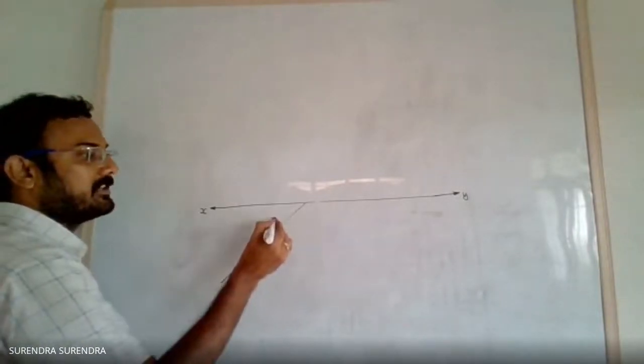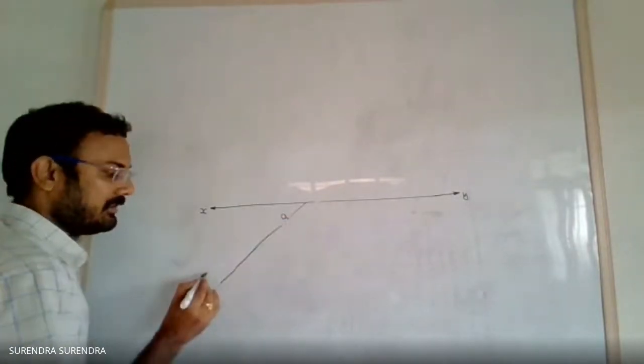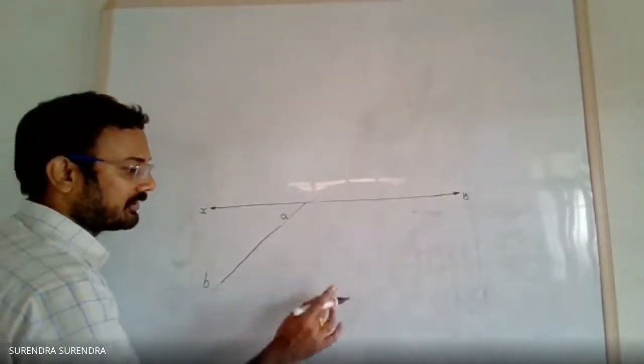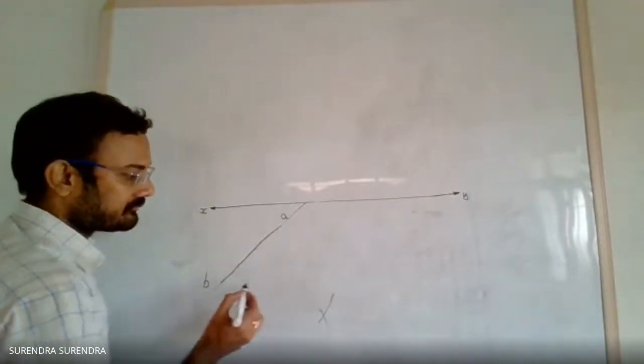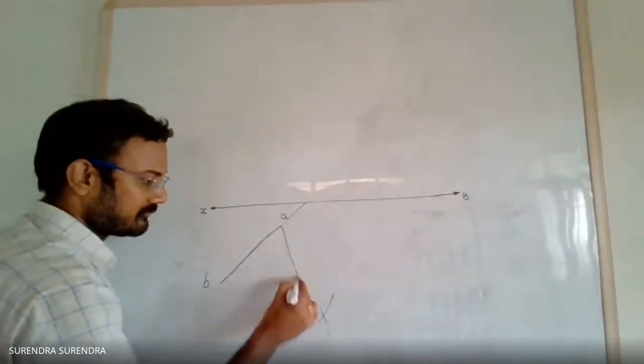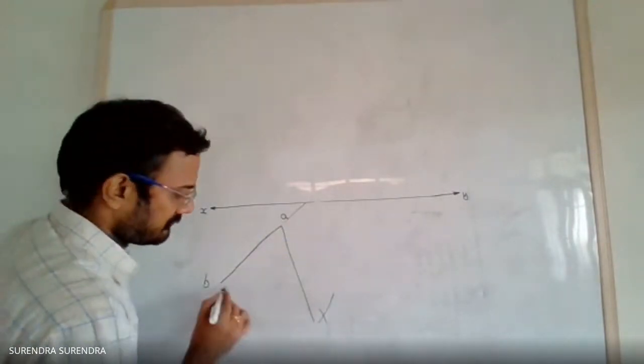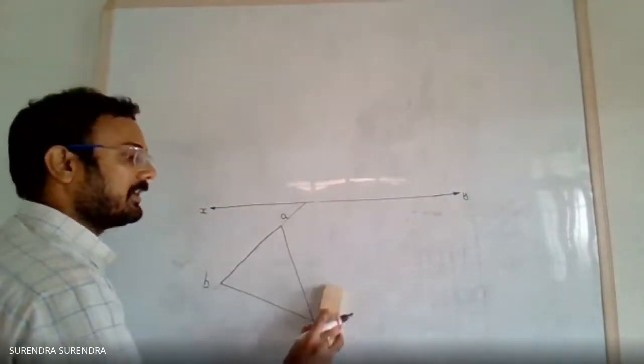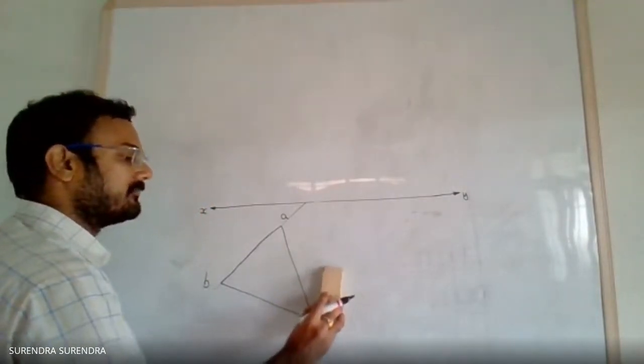First the base, let this be A, B. A as center, draw an arc. B as center, draw an arc. We'll get an equilateral triangle.